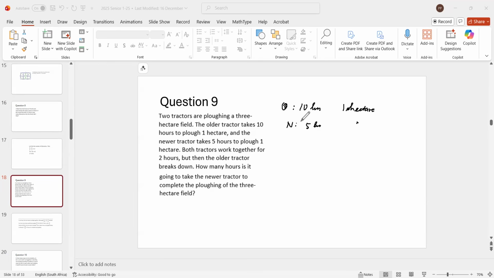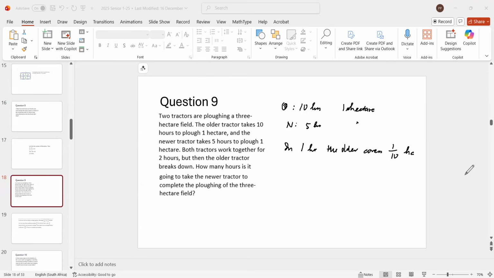Now there's always a trick here. You bring it down to what happens in 1 hour. So in 1 hour, the older one, in 10 hours, finishes 1 hectare, so it covers 1/10 of a hectare.